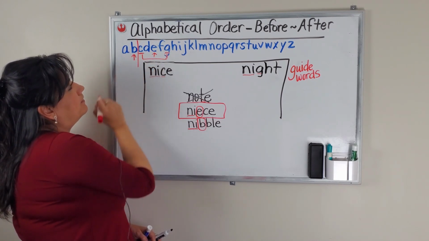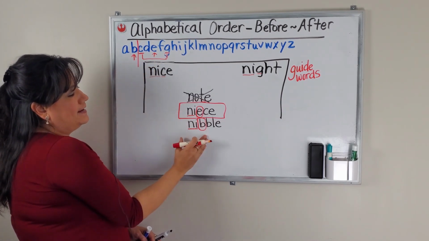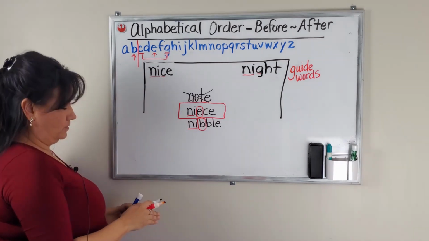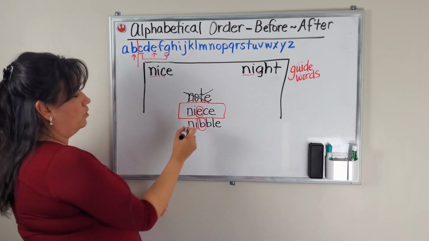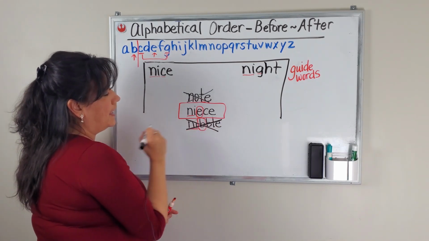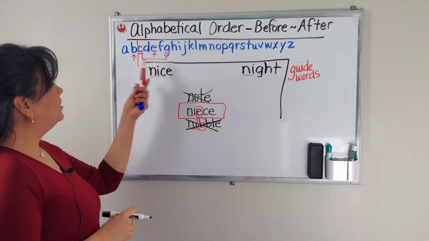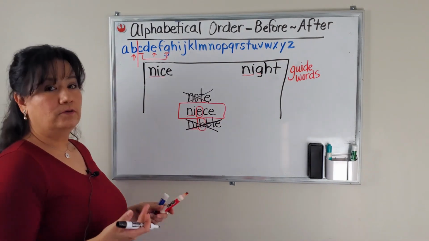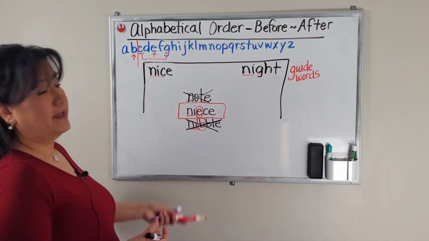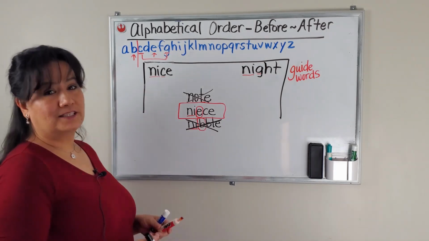So this is kind of the cutoff point. That means that nibble would not be found on this page. It would probably be found on the page before. So we are going to cross that out. And using the alphabet really helps to narrow down what words will be on this page.